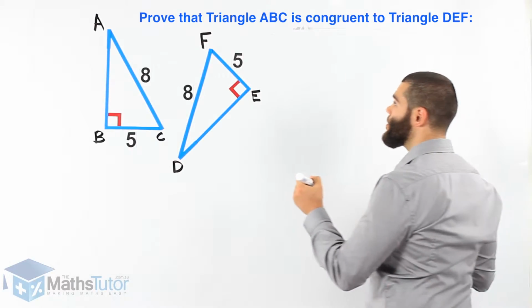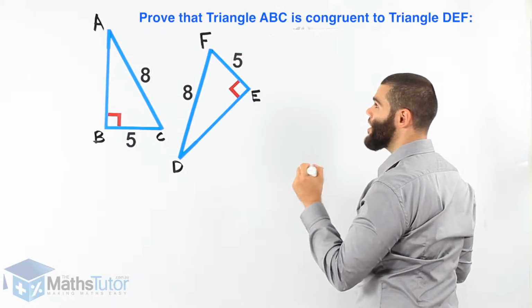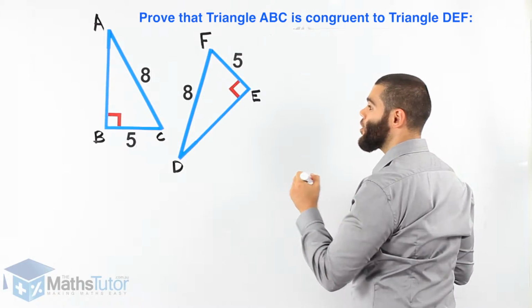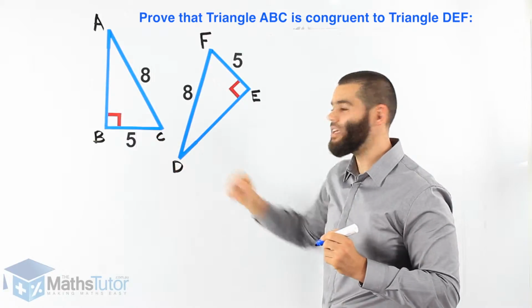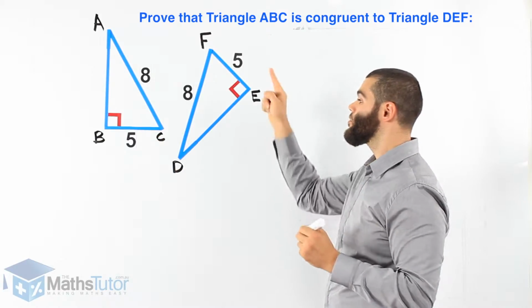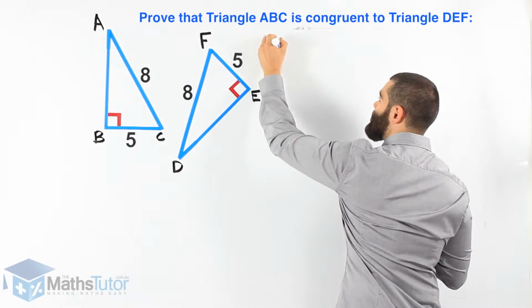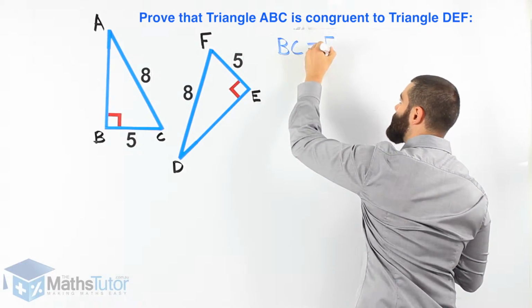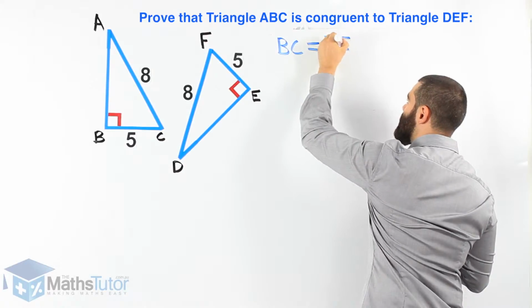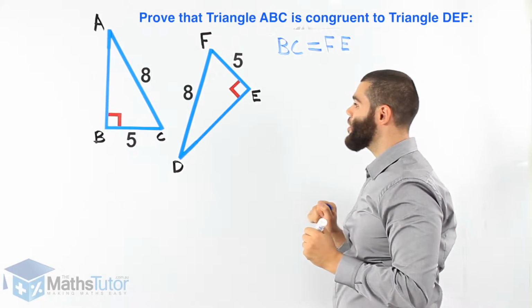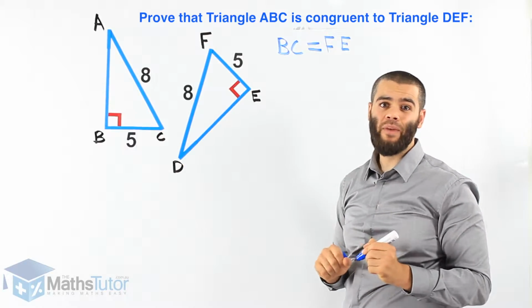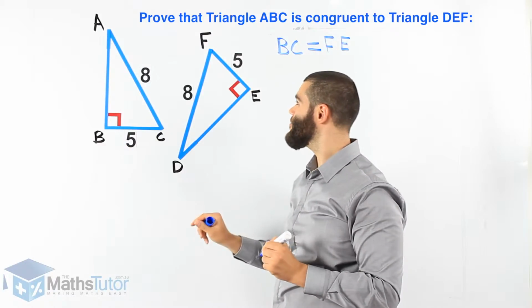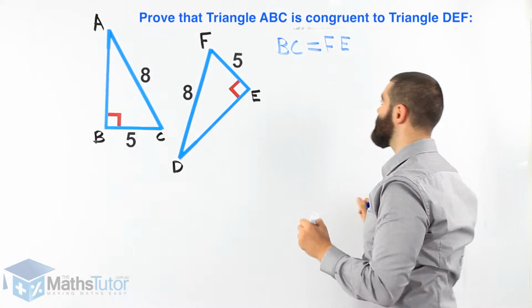We start by showing each step at a time. We're going to say that BC equals FE. How do we know that? Because it is given information. They've told us BC is 5 and FE is 5.